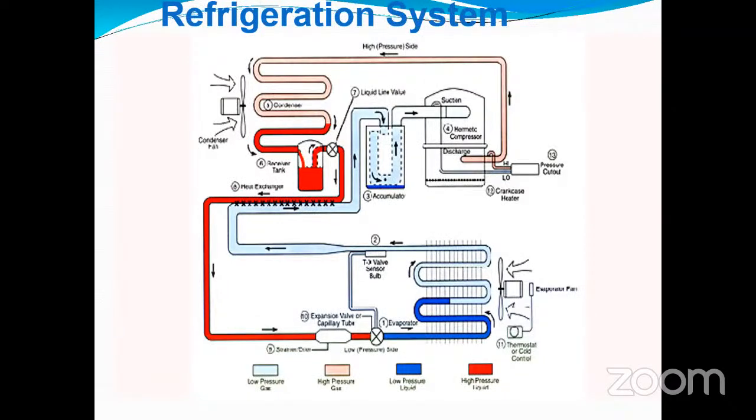So this is the vapor compression refrigeration system. In the refrigeration vapor compression system, there are 4 equipment: compressor, condenser, expansion valve, and evaporator. This is the simple refrigeration cycle.